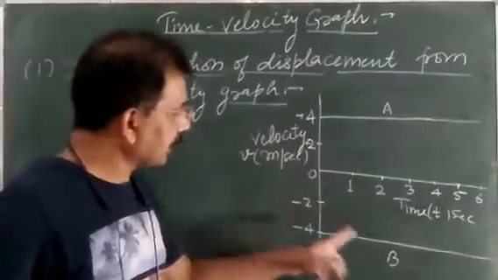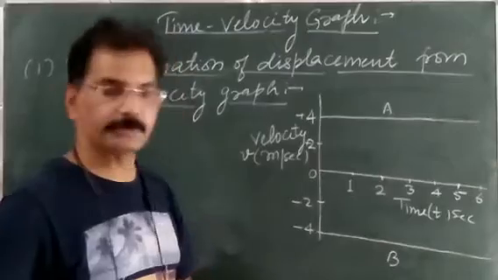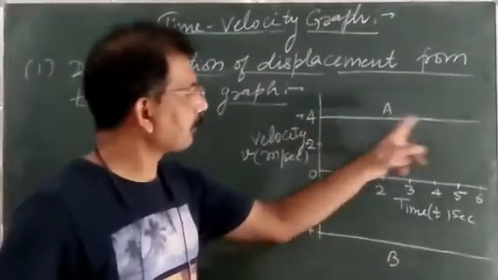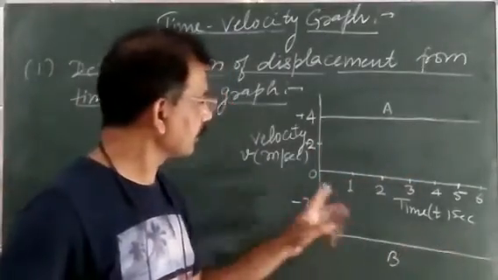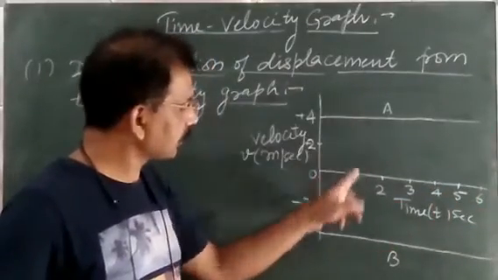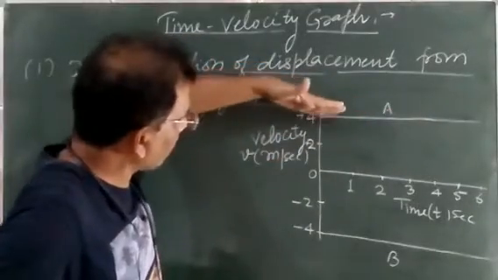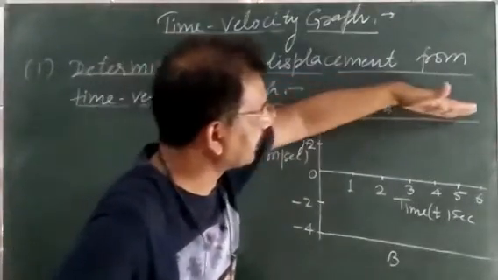Let the velocity time graphs of two objects A and B be given, and both graphs A and B are parallel to the time axis. If the velocity time graph is parallel to the time axis, it means the velocity remains constant.